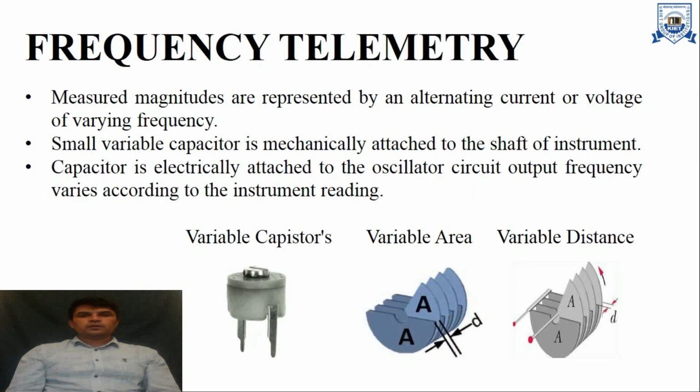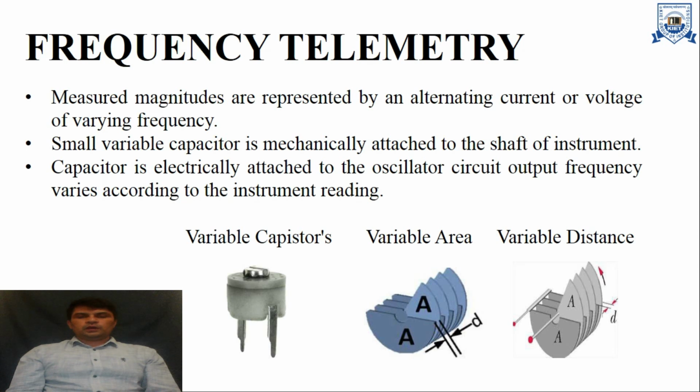Now, in frequency telemetry, measured magnitudes are represented by an alternating current or voltage of varying frequency. Means in frequency telemetry, the variable frequency is our measured quantity.